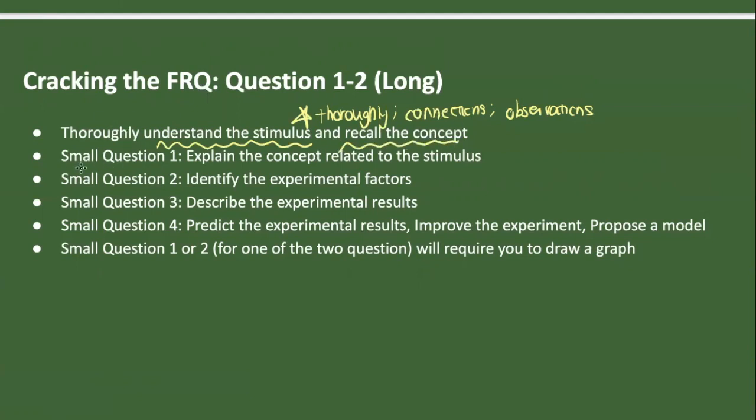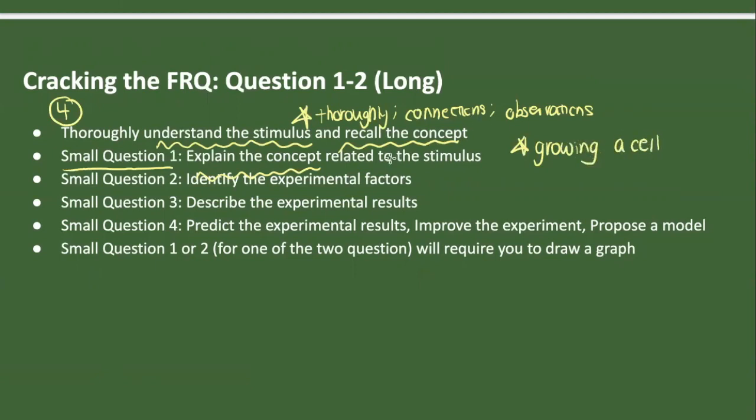And for small question 1, because there's generally 4 small questions per 1 big question, the first question will always ask you to explain the concept related to the stimulus. So let's say the experiment is about growing a cell.